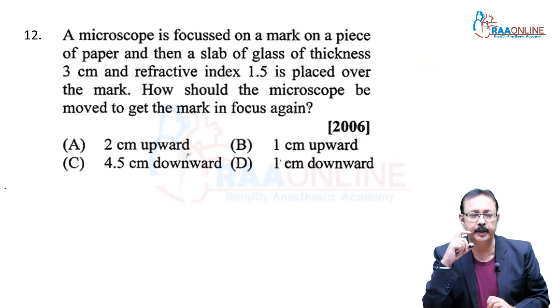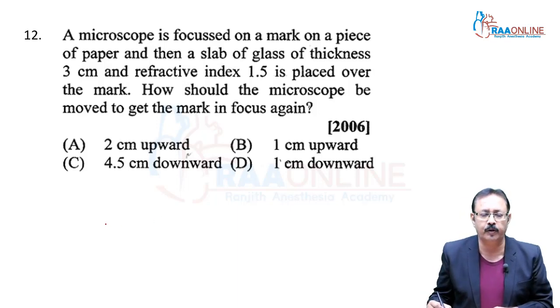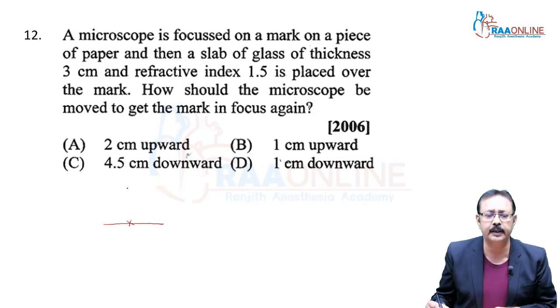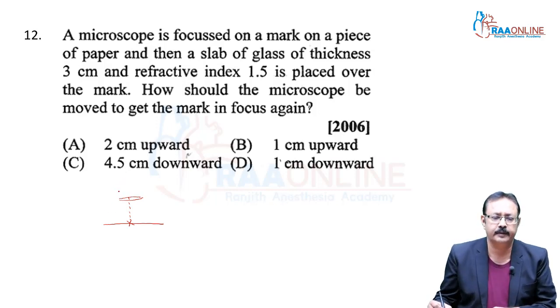2006 AIPMT. A microscope is focused on a mark on a piece of paper. It was a piece of paper and it is the mark. So what is its actual depth? It was its distance from your microscope, and you focused it.